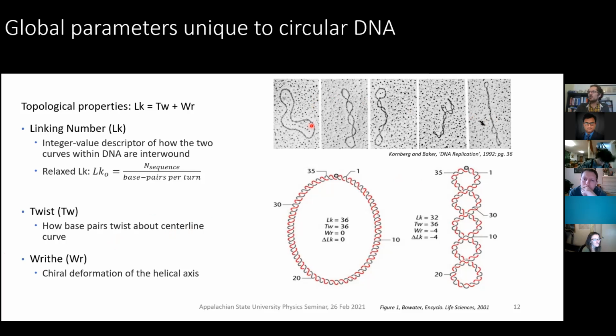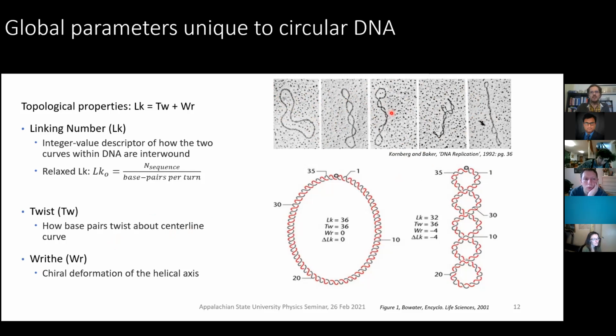So if you take a look at this EM structure that we got from Kronberg and Baker, you would see a circular form of DNA that has different levels of writhe associated with it. But the linking number should be the same for all of these, because the linking number isn't able to change on its own; it is invariant.